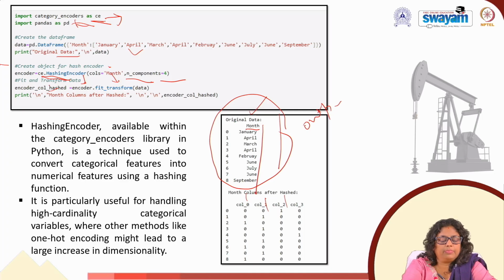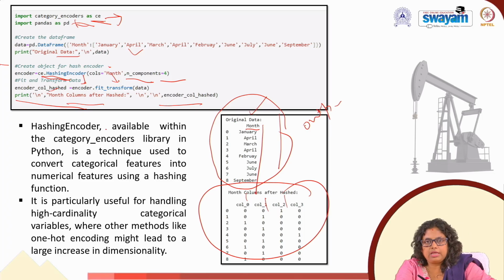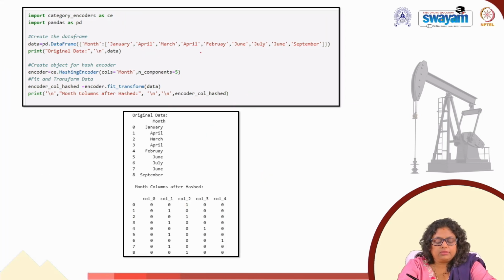Then after that we wanted to see the column month after hash. So this is the one we will call and it will show me a data frame. So the hashing encoder is available within the category encoders library, and what it does is the hashing encoding for the given data. Okay, so that's the one thing.